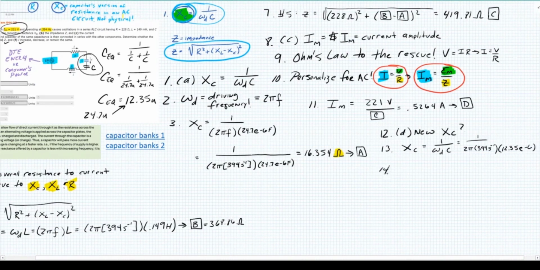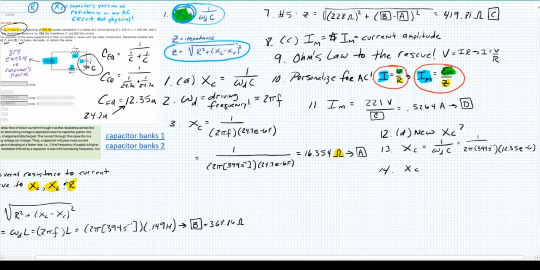I can kind of see what's going to happen, but I'll do it. Here's my new capacitive reactance. It's 1 divided by 2 divided by pi divided by 394 divided by 12.35 e minus 6. 32 and some change. So it doubled. X sub C equals 32.7 ohms.